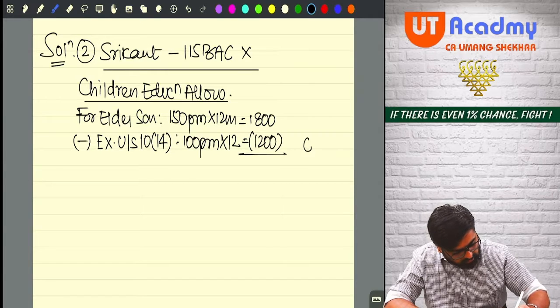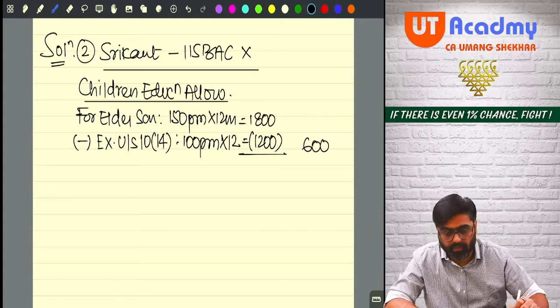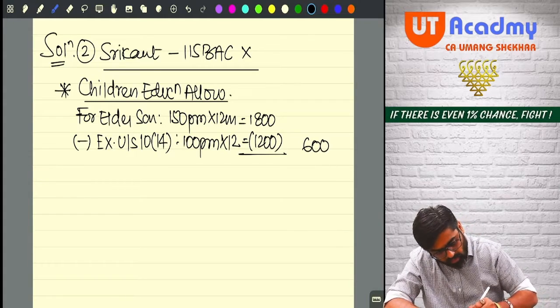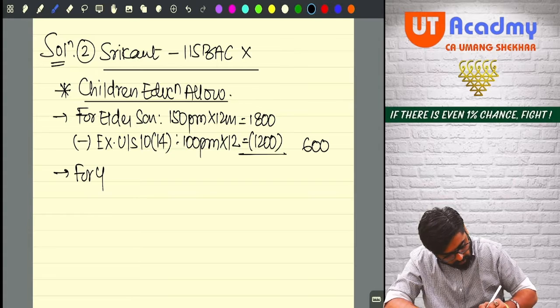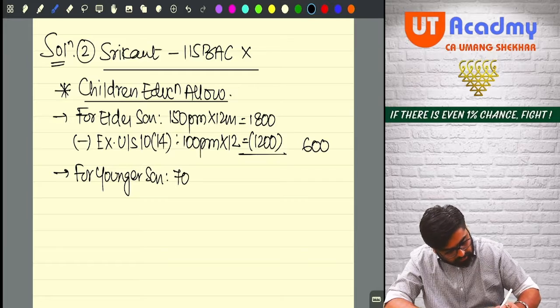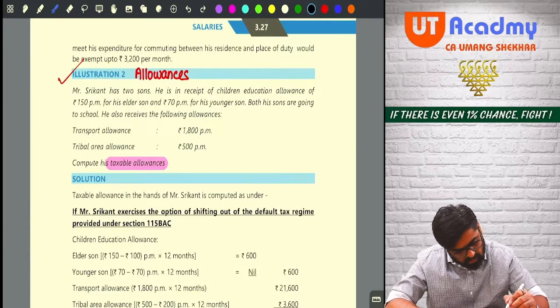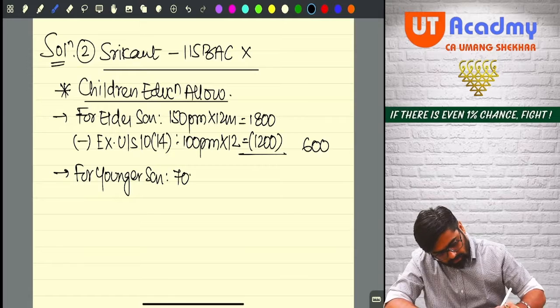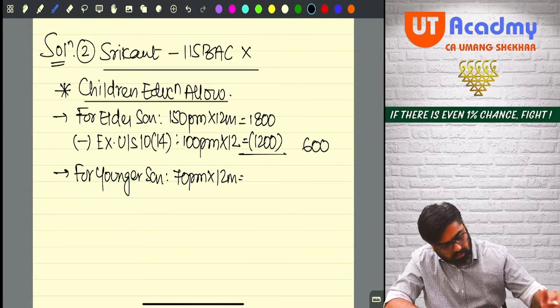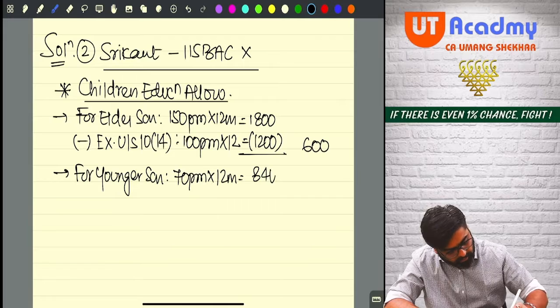So how much will be taxable? 600. And for the younger son, he is receiving 70 rupees per month, only 70, into 12. So it will be 840.